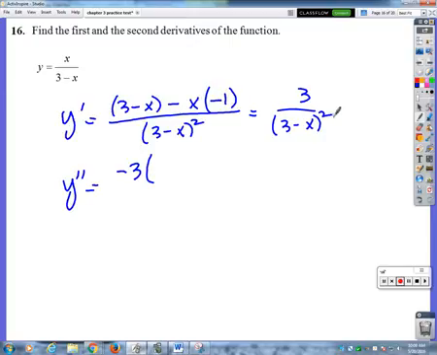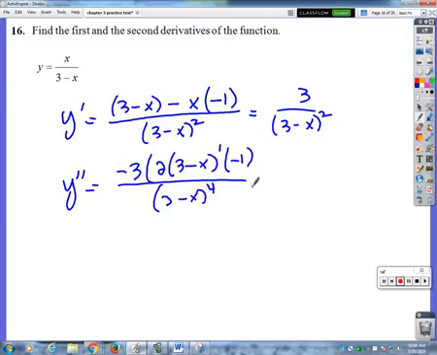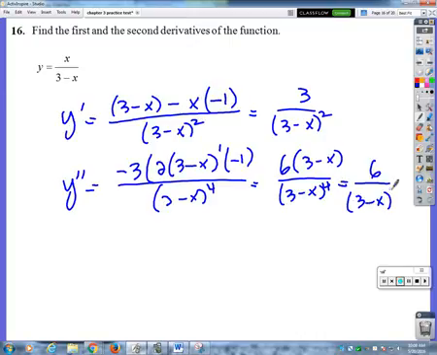So what's the derivative of 3 minus x squared? 2 times 3 minus x to the first times negative 1, over the square of what's below, so 3 minus x. So 6 times 3 minus x over 3 minus x to the 4th, which is really 6 over 3 minus x to the 3rd.